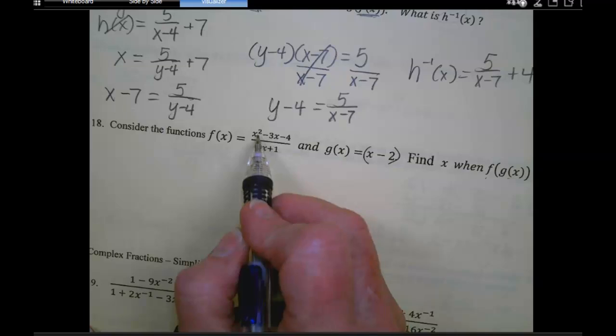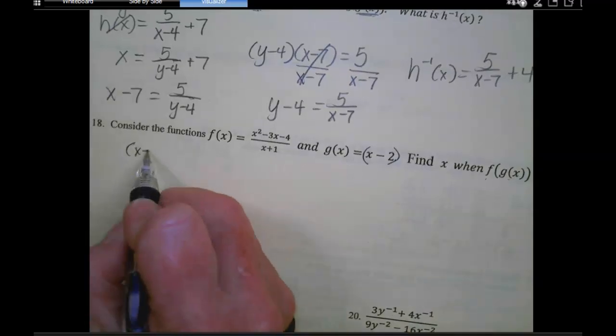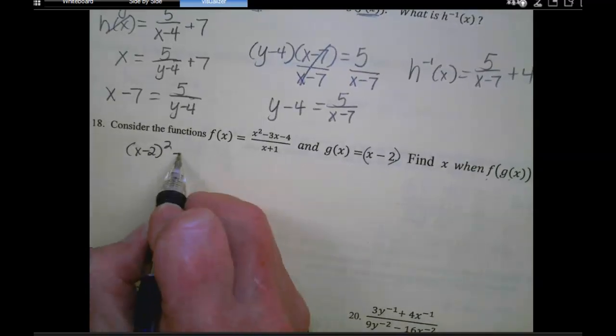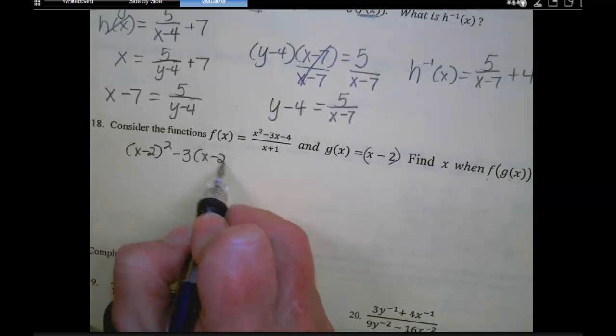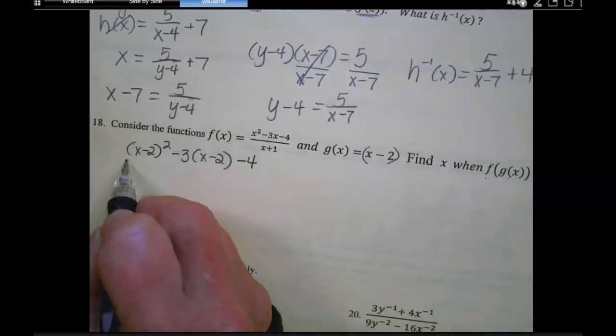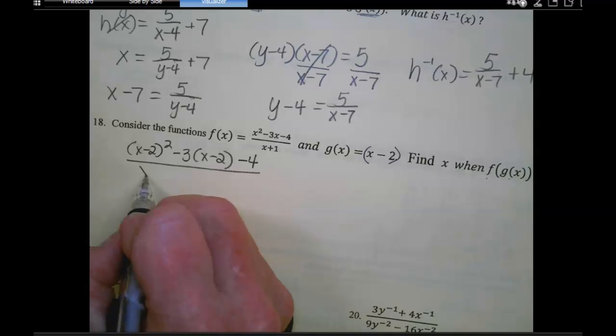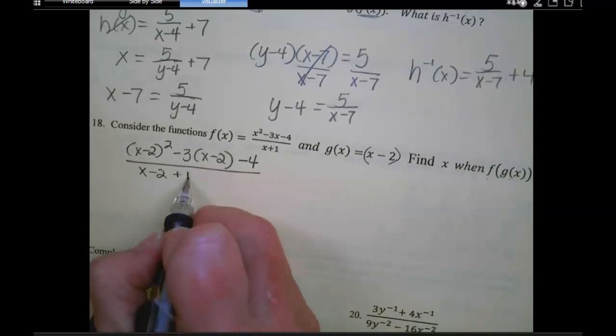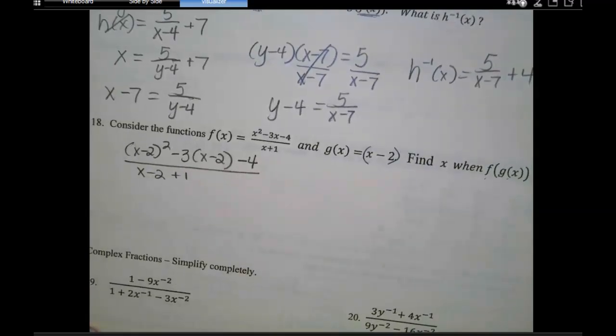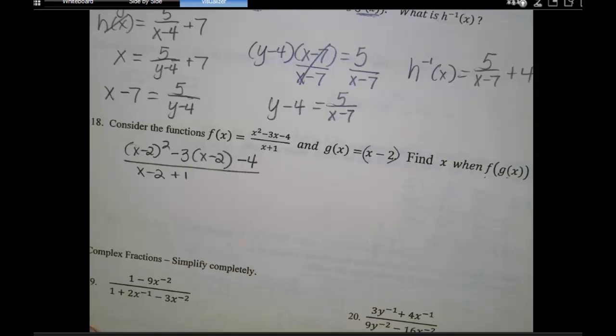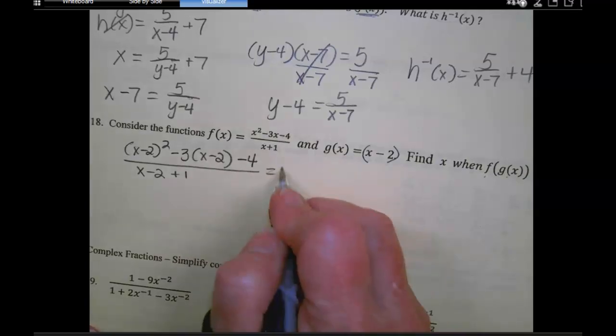So I see here, I'm going to have x minus 2 squared minus 3 times x minus 2 minus 4 over x minus 2 plus 1. Does everybody see that? And what's it going to equal?